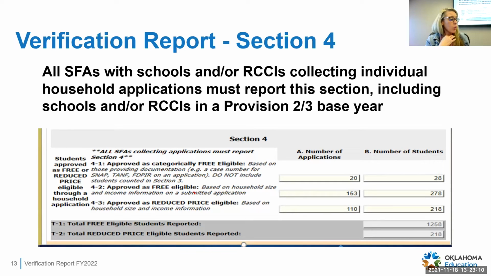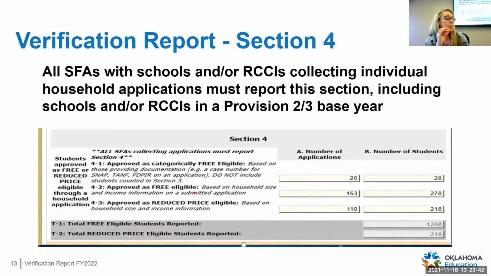So again, in 4-1, column A, it's the number of applications approved for free based on the documentation submitted on the application and that you have on file as of October 1. In 4-1, column B is the number of students as of the last operating day in October approved for free based on documentation. 4-2, column A is the number of applications for free based on income information.